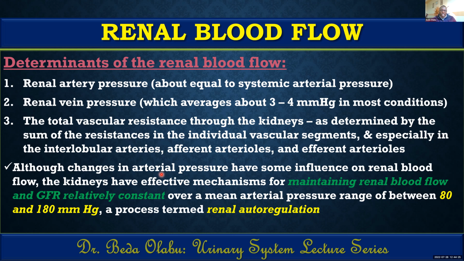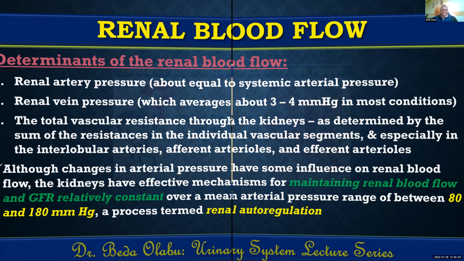If the mean arterial pressure is within that physiological range, then the kidney is able to adjust the renal blood flow to a relatively constant state. That means that changes in systemic pressure do not affect much of the renal blood flow as long as the systemic pressure is within that particular range. We call that renal autoregulation, and there are some mechanisms that help in renal autoregulation that we'll discuss in the next topic.